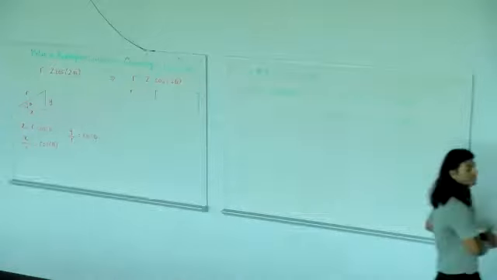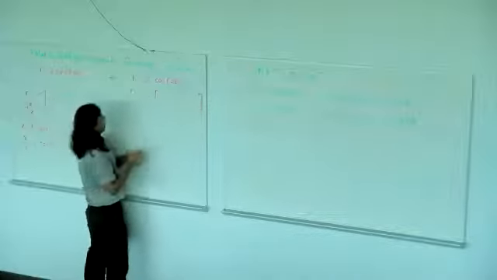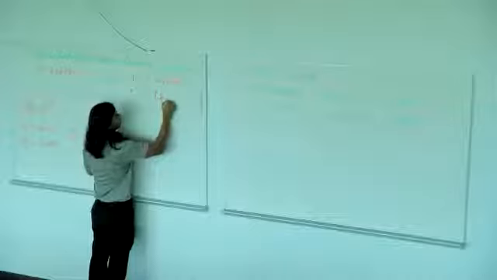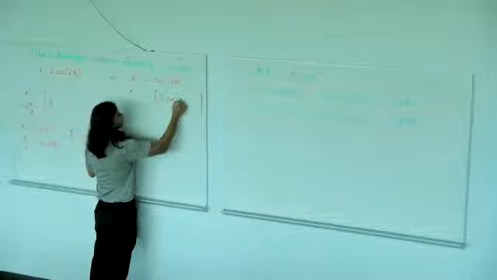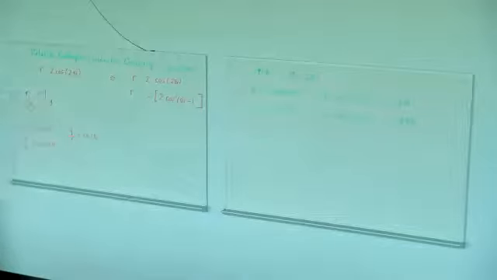Look at your notes and find a way to write cosine 2 theta just in terms of cosine. From a while ago, cosine 2 theta is simply 2 cosine squared theta minus 1. Yes.